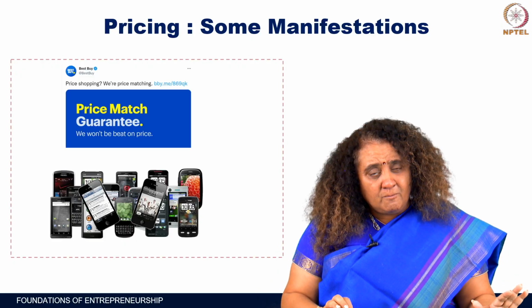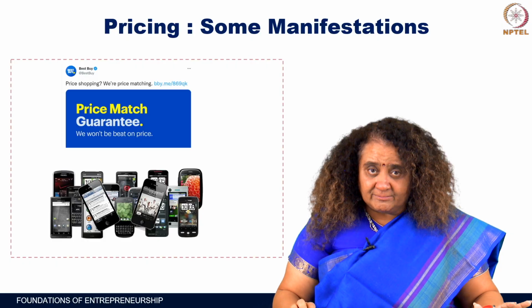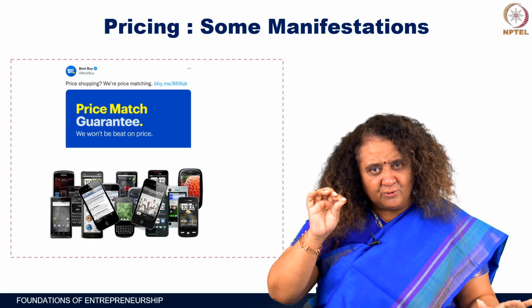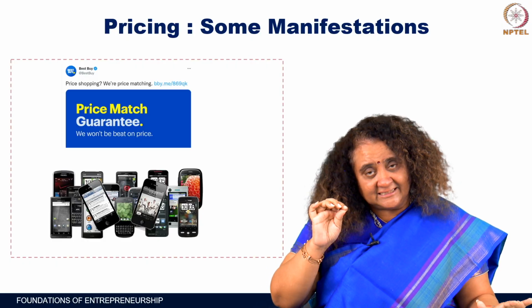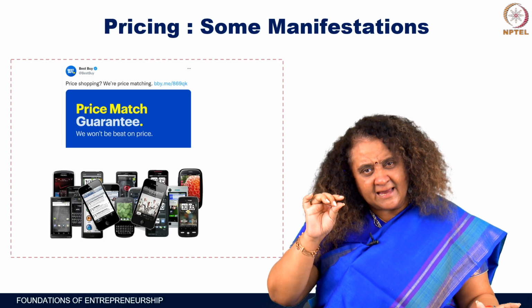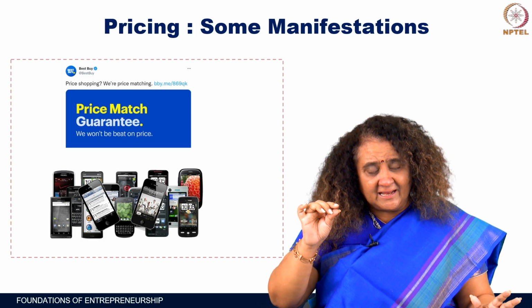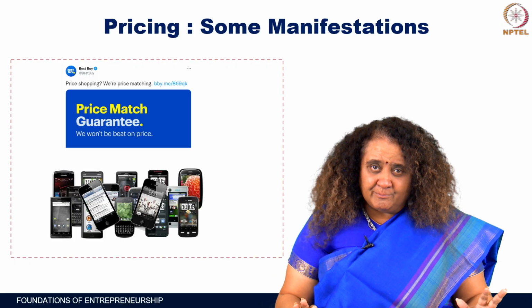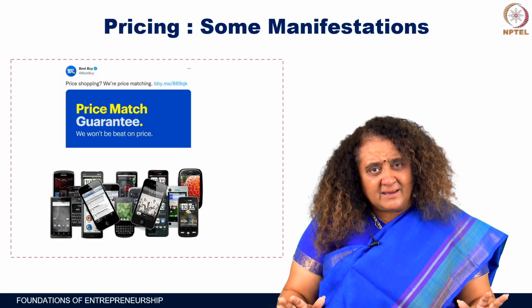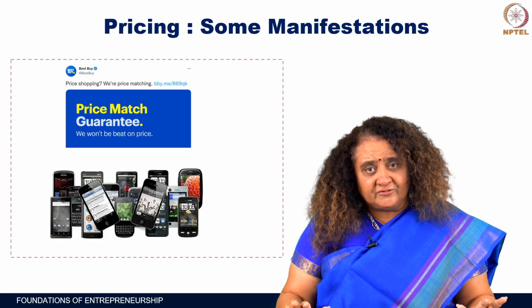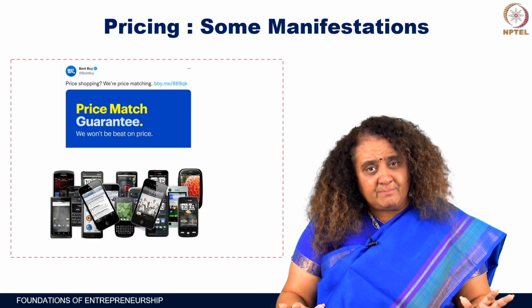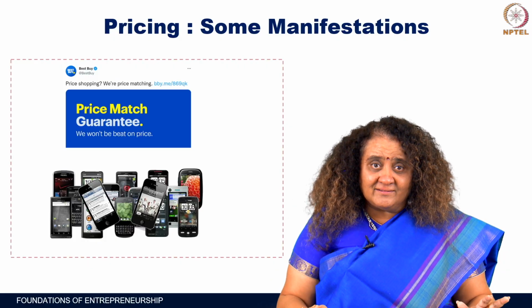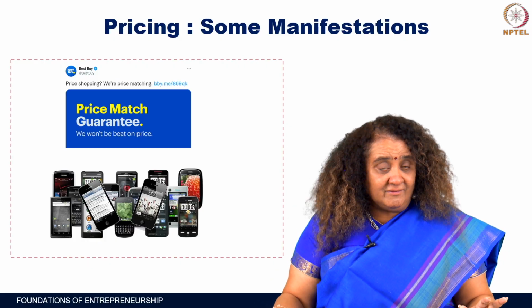Okay? So, low price is often linked to cost plus pricing, which means I produce at as low a cost as possible, I add a very small margin on top of that, a very small profit, and that becomes my selling price. So, the last page was manifestations of discounted price, and this is again a manifestation of discounted price, but done in a very smart manner.